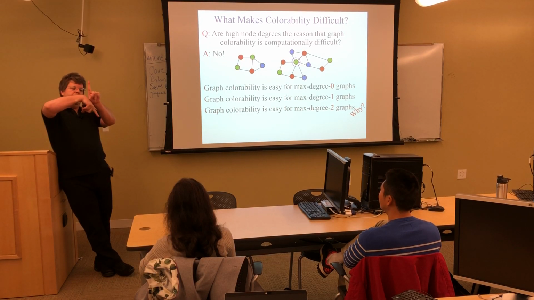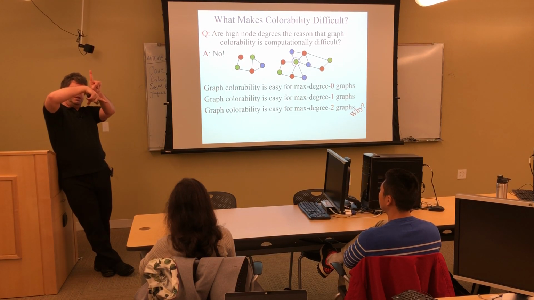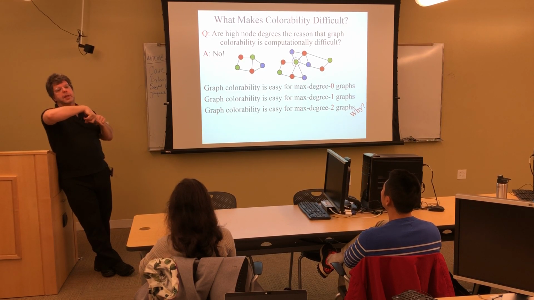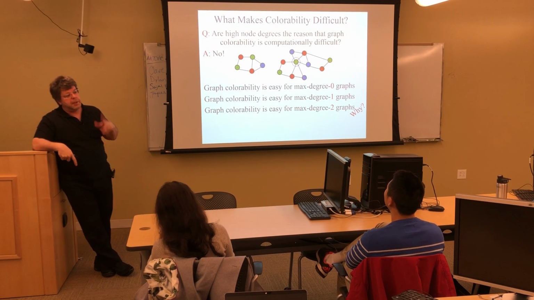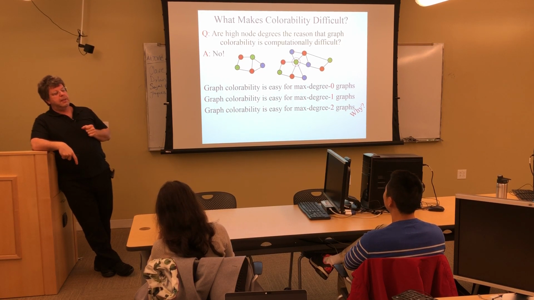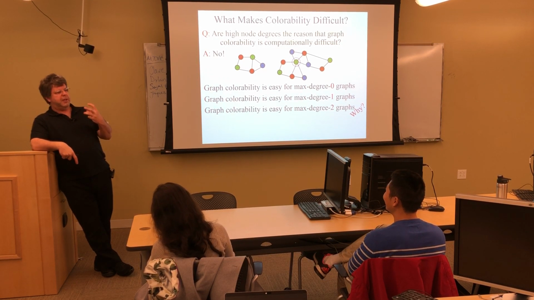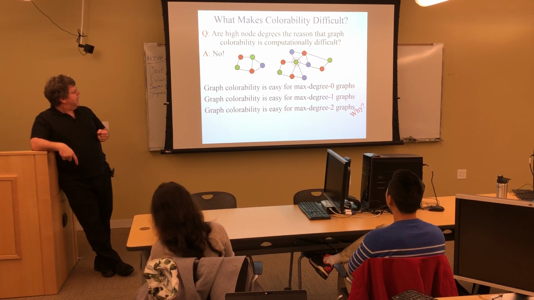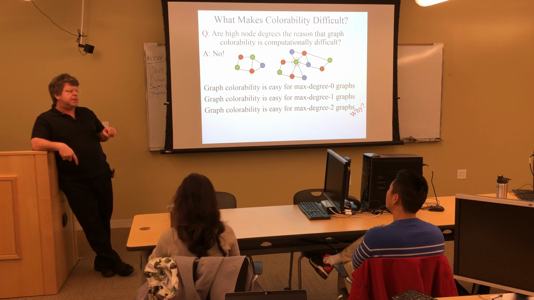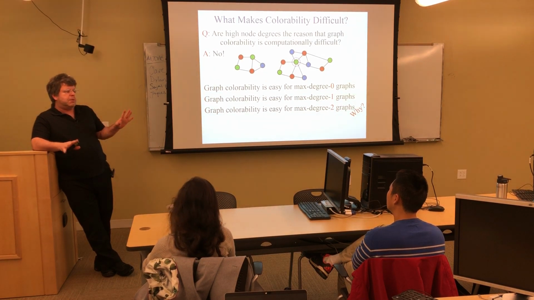Like a binary tree. What's the degree here? 3. A parent and 2 children. That's degree 3. Nuclear family. So you can't have trees. You can only have chains or cycles. That's it. That's what these graphs look like.